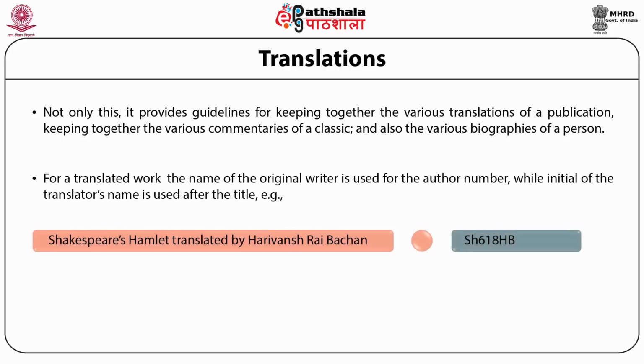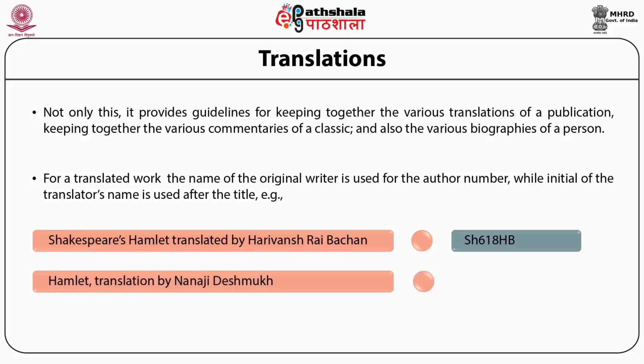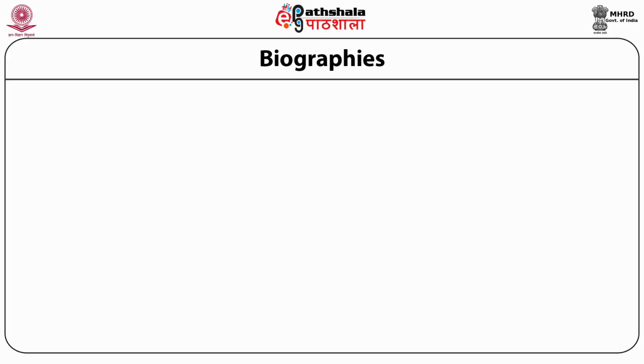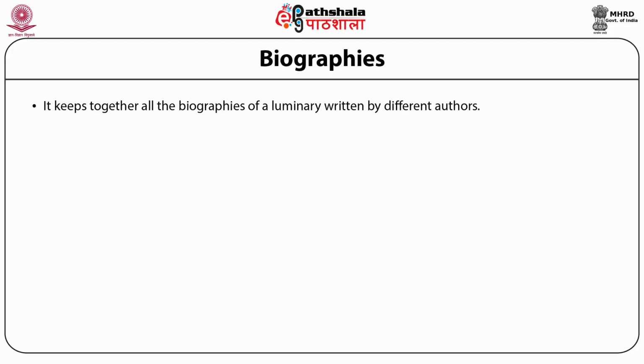For example, Shakespeare's Hamlet, translated by Harivansh Rai Bachchan, will get the number SH618HB. Here it may be noted that SH618 stands for Shakespeare, H stands for Hamlet, and B stands for Bachchan. And similarly, Hamlet translated by Nanaji Deshmukh will get the number SH618HD. Here D stands for Deshmukh. It thus keeps together all the translations of a given work.